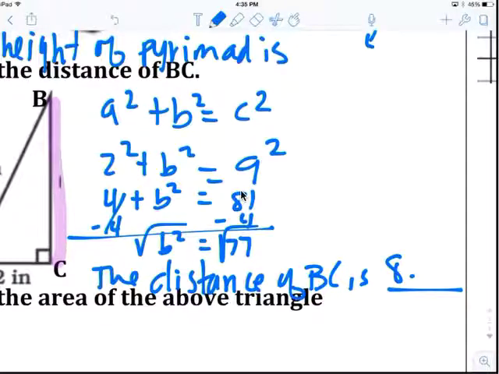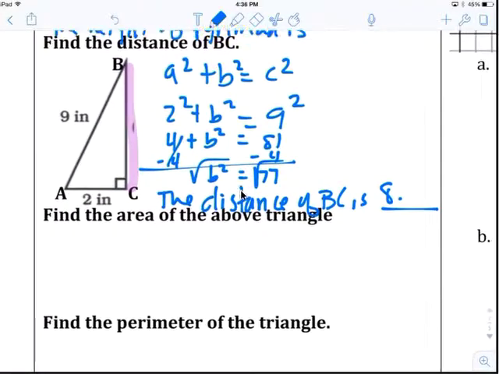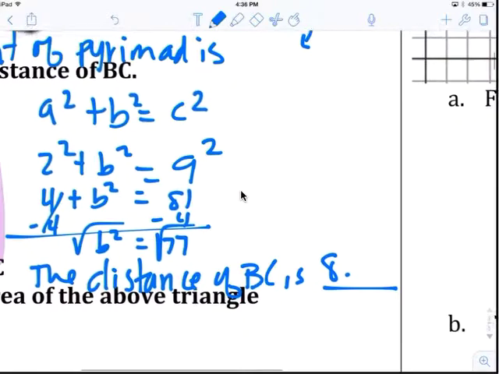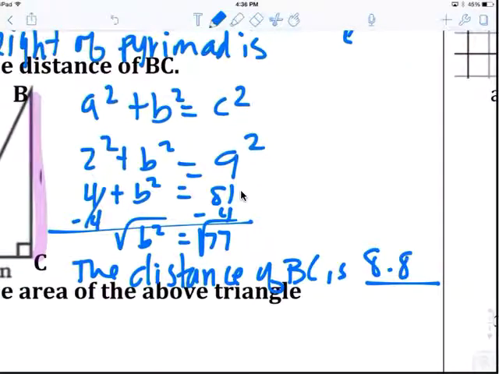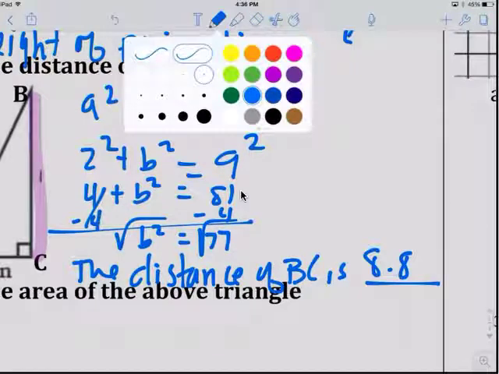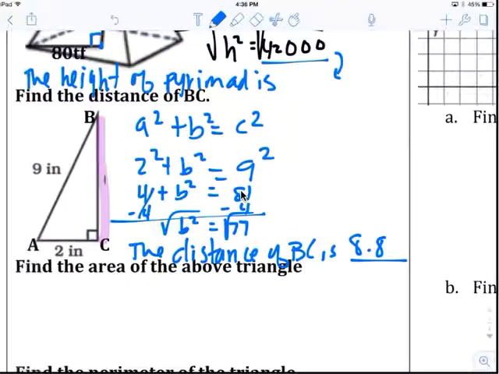Use your calculator. Round it to the nearest tenth. I think it's 8.8. I believe it was 8.8. Make sure you put the units, inches.